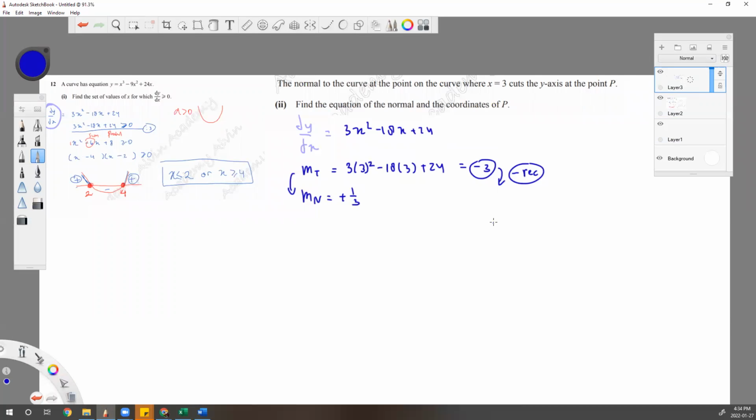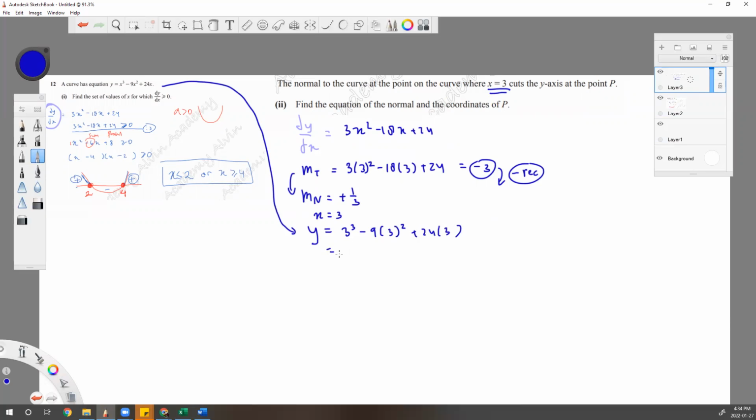The normal to the curve where x equals 3 cuts the y-axis at point P. So you need to find the point on the curve first. When x equals 3, y equals 3 cubed minus 9 times 3 squared plus 24 times 3.